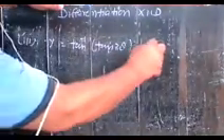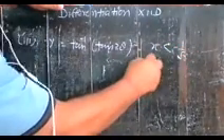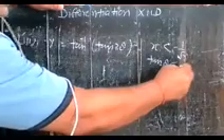But here the condition given is x is less than minus 1 by root 3. So you have tan theta is less than minus 1 by root 3. So what about theta? You can say theta is less than minus pi by 6.